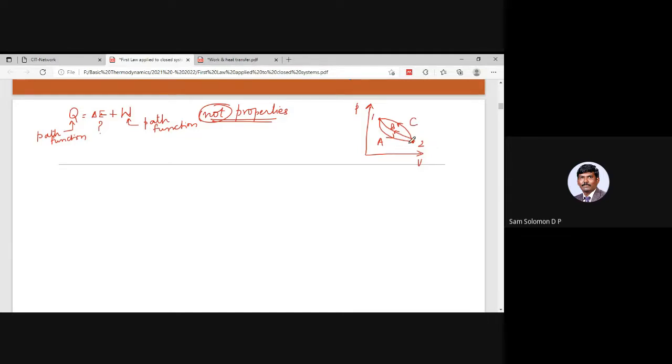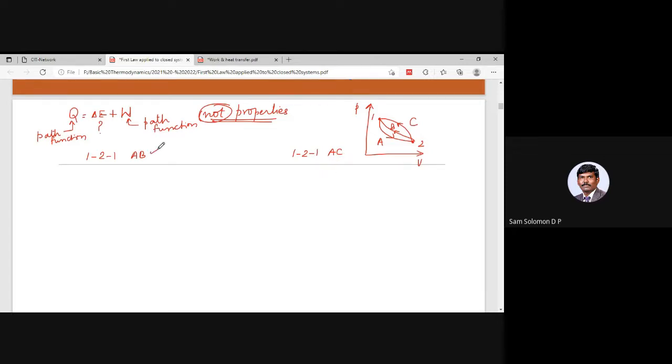Is that clear? For moving from 1 to 2, I am taking a path A. For moving from 2 to 1, I am taking two paths: one is path B, the other one is path C. So now I have got two cycles. One is a cycle 1 to 1 following the path AB. The other one is a cycle 1 to 1 following the path AC.